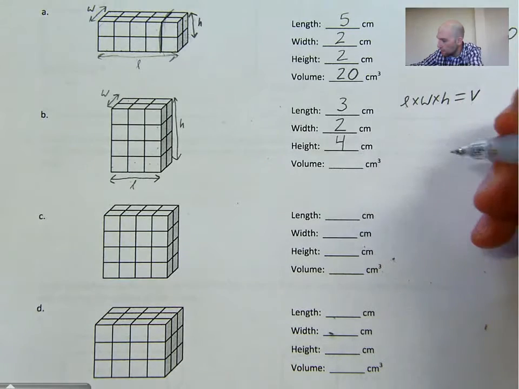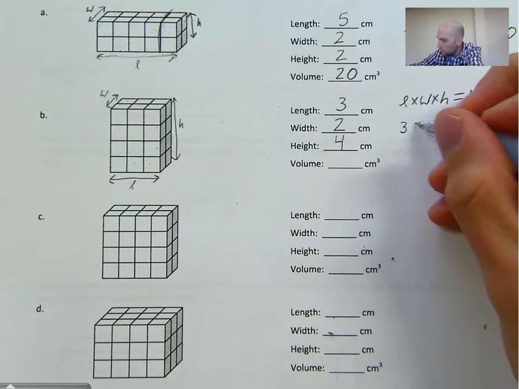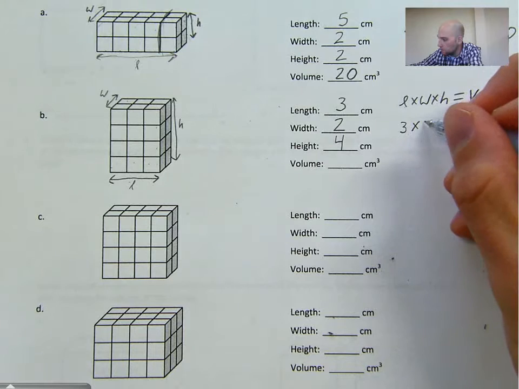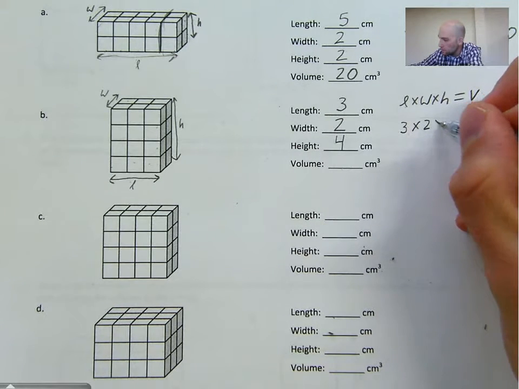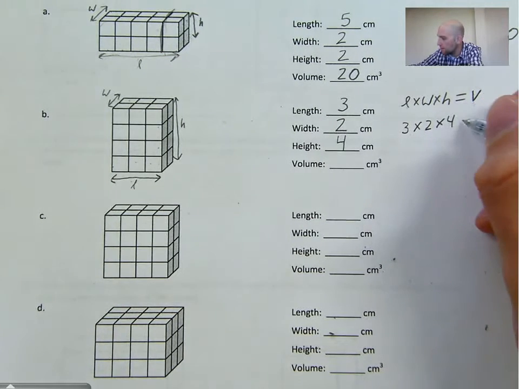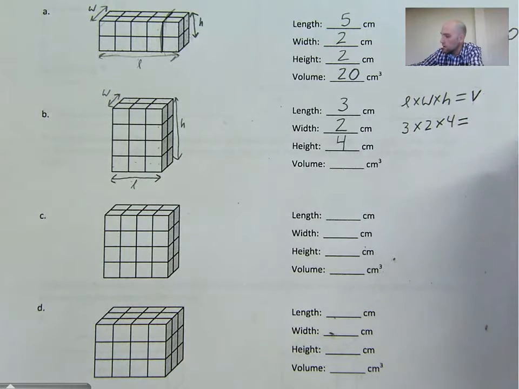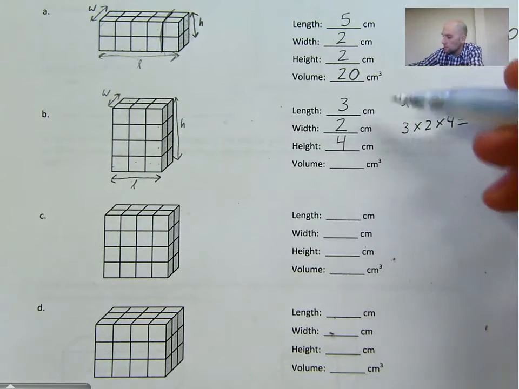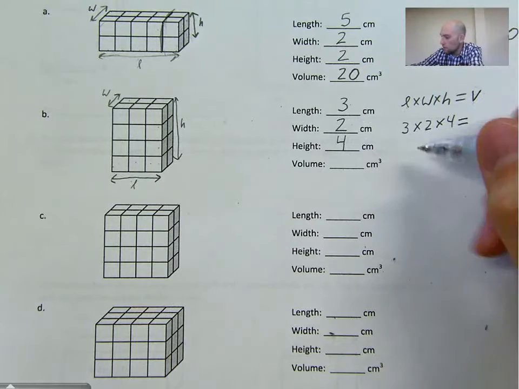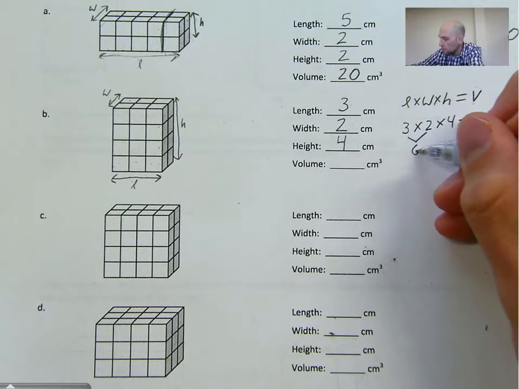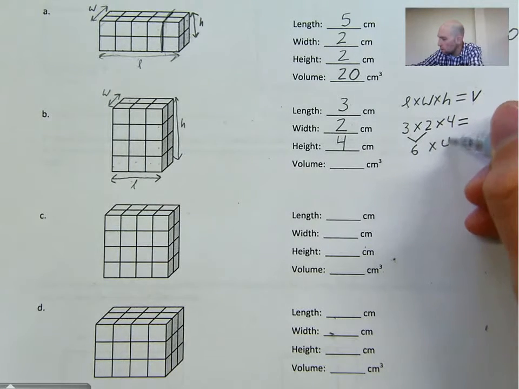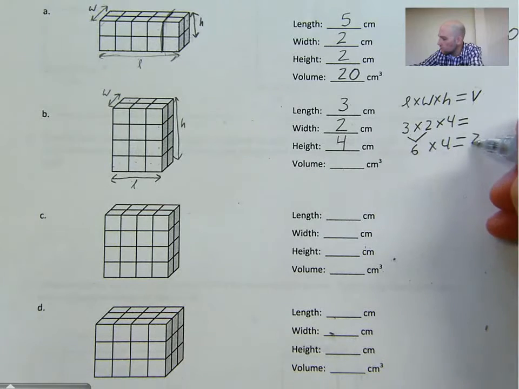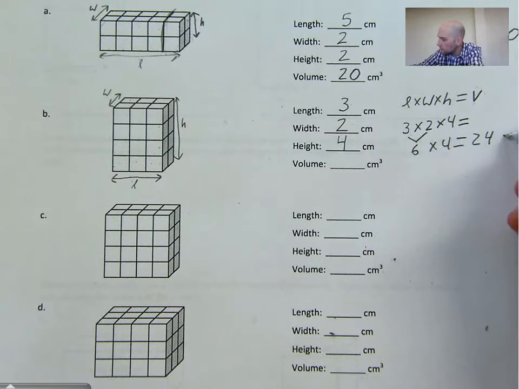For our length, we have 3 times 2 for our width times 4 for our height equals, and what's our volume? Well, 3 times 2, that'll give us 6. 6 times 4, that would give us 24. It would be 24 centimeters cubed.